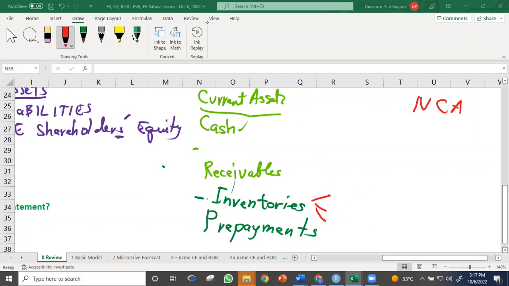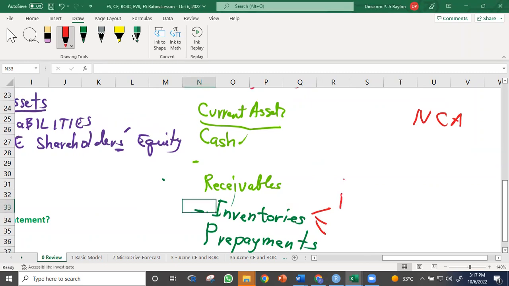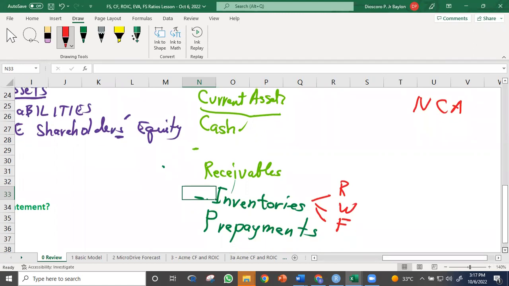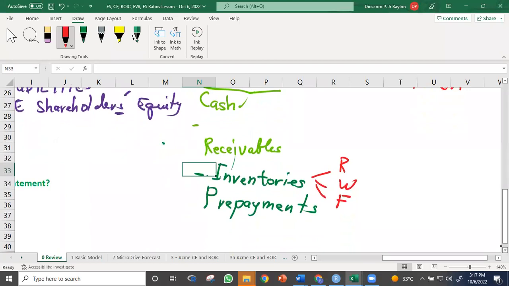What are these, guys? For manufacturing, what are these? What are the inventories when it's manufacturing? You will see this in their balance sheet. There are three levels of inventories. They're still part of inventories, but what kind are they?